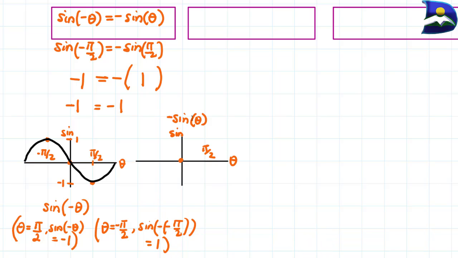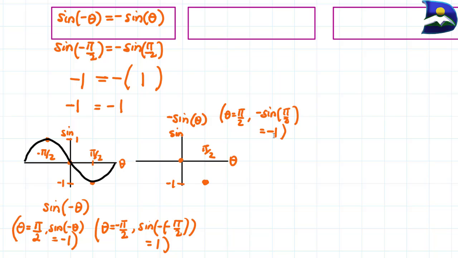And so where our theta is equal to pi over 2, our negative sine of pi over 2 is equal to what? We have sine pi over 2 to be equal to 1, and we have a negative sign which is going to be put right there, and this tells us that indeed theta for pi over 2 reflects our negative sine pi over 2 to be equal to negative 1, which is right over here on the y-axis.